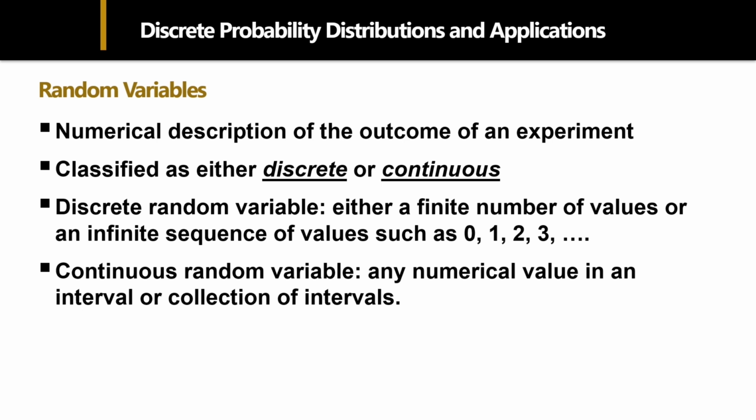The outcomes of an experiment are numbers, and they fall into two types of random variables. There are discrete and then continuous random variables.